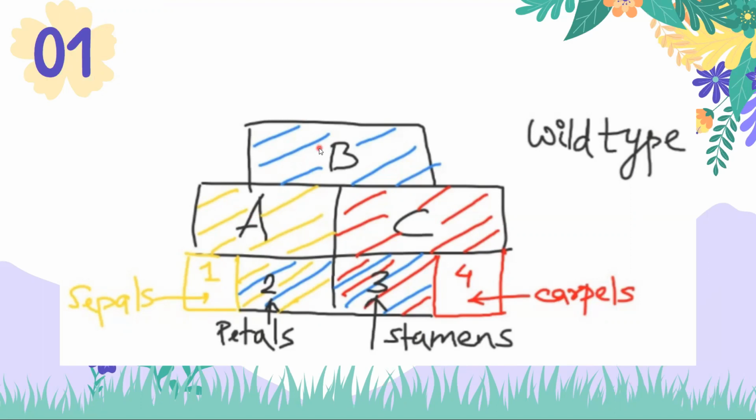B had APETALA3, PISTILLATA, and C had AGAMOUS. As we discussed, A was required for formation of sepals and petals, so I've put that in yellow. We required B for the petals as well as stamens, and C for the stamens and carpels.